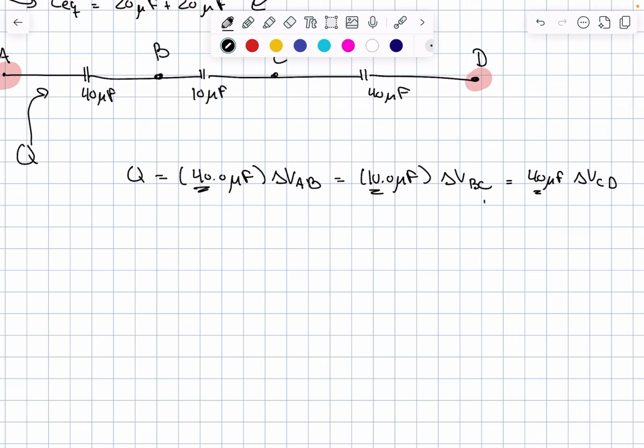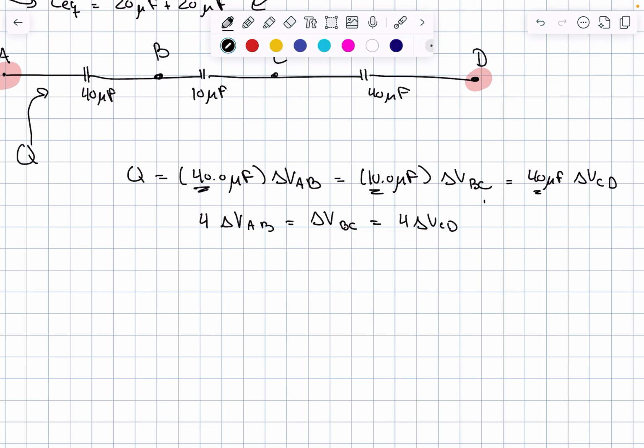We can divide all of it by 10, and we get 4 times delta V AB is equal to delta V BC is equal to 4 delta V CD. So we can just divide all these equations by 10 microfarads, and then we get this here. Now this is just the relationship between the delta V, so the potential difference between the three plates.